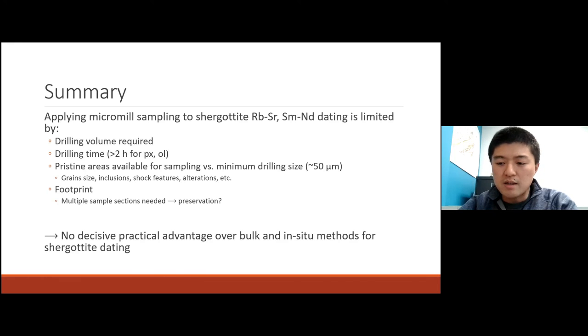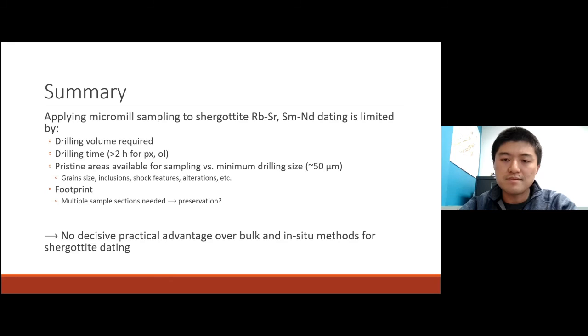While it can ensure sample purity, it also increases the time required to drill out a fraction. So the uncertainty in the vertical direction is definitely a standing issue when it comes to micromilling at this scale.